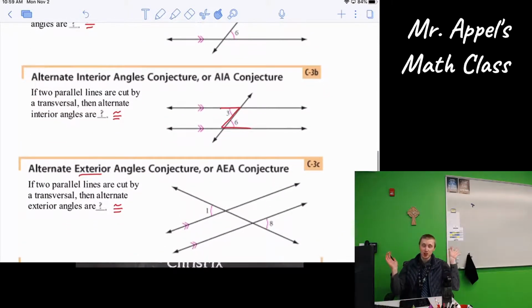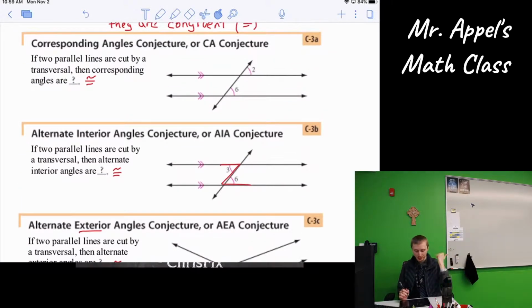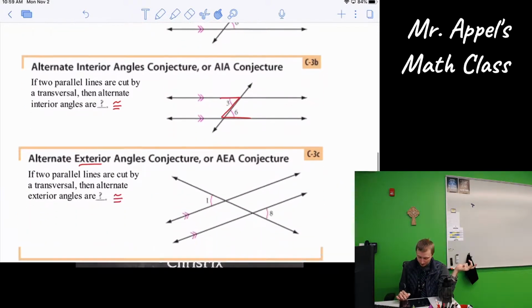All right, since these are all the same relationship, we can say the corresponding angles, the alternate interior angles, and the alternate exterior angles are all congruent.